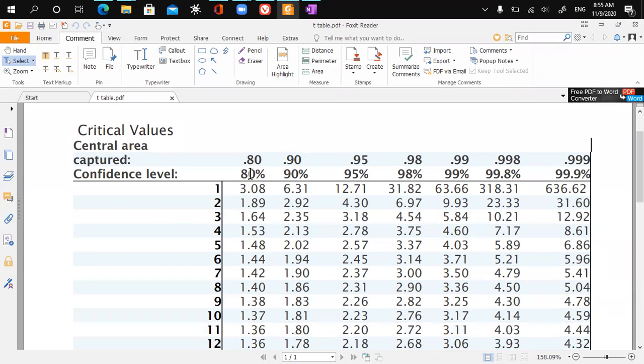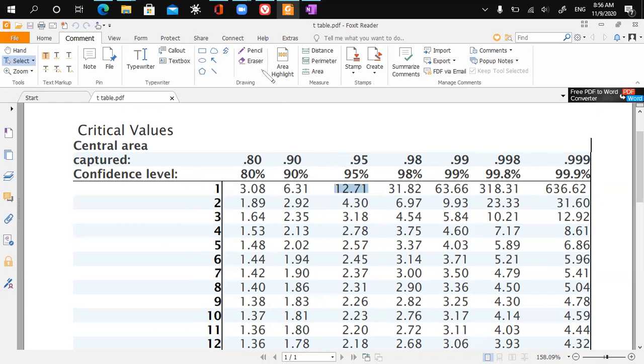Here, let's say, for example, you are given a 95% confidence level. This is the confidence level, 95%, and this is the area in between the two critical values, the negative and the positive. Now, for different degrees of freedom, you will have different values. If degrees of freedom is 1, then the critical value is 12.